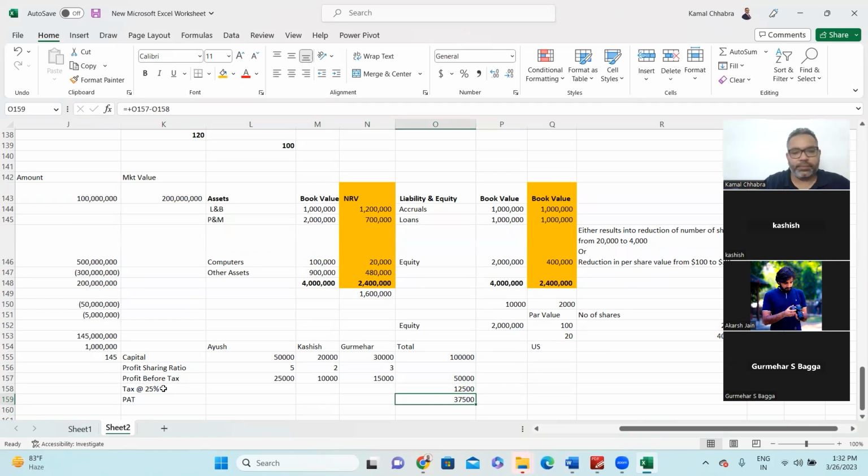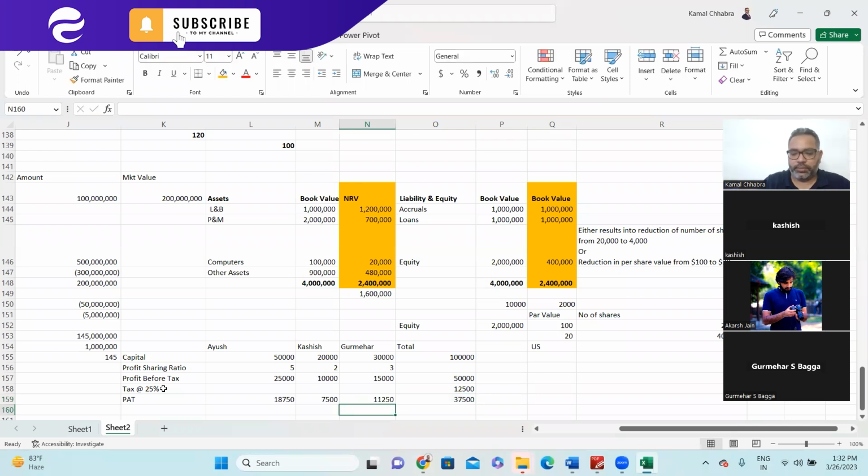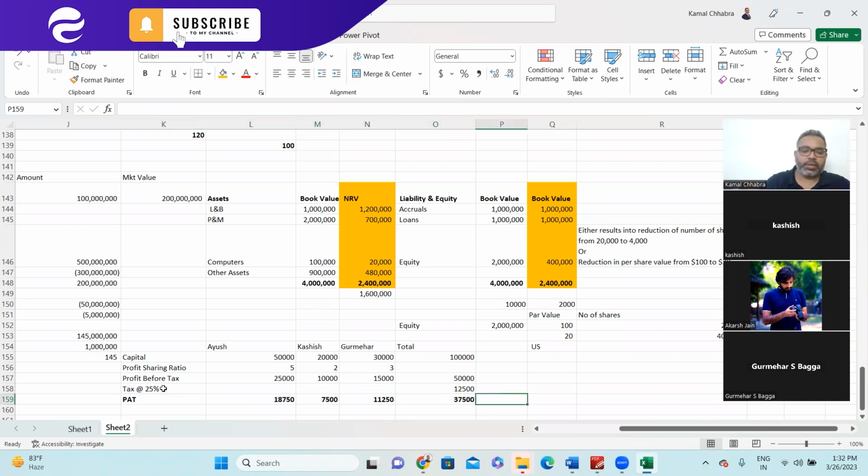37,500, right? And now, how much is the profit share of Ayush? 18,750. How much percentage? 75, and this multiplied by 30, right? So this will go into the partners' accounts, but this is considered as exempt.